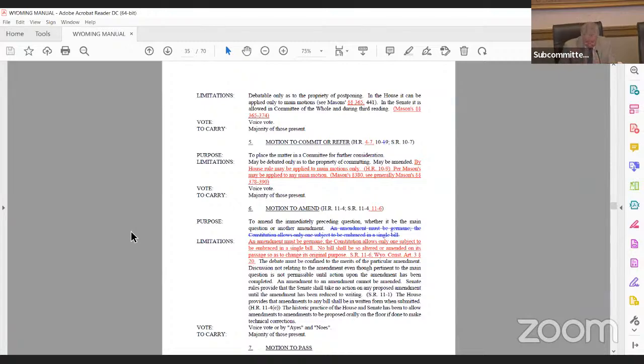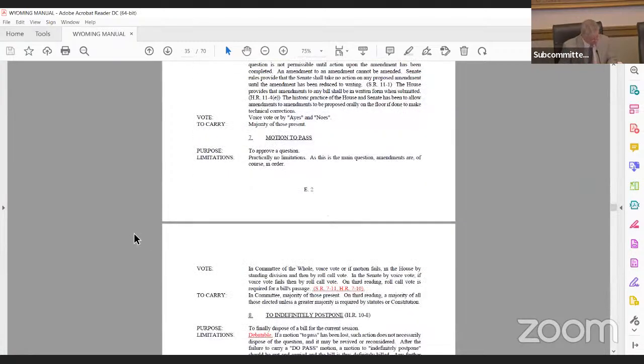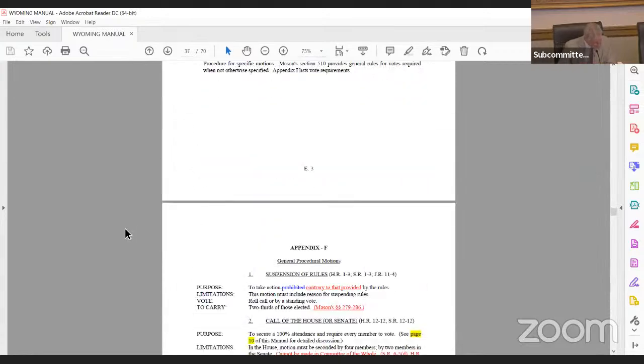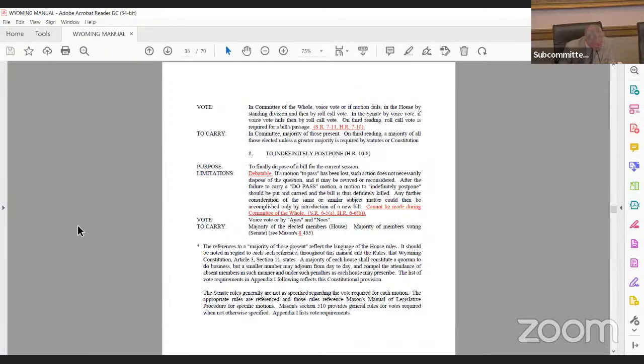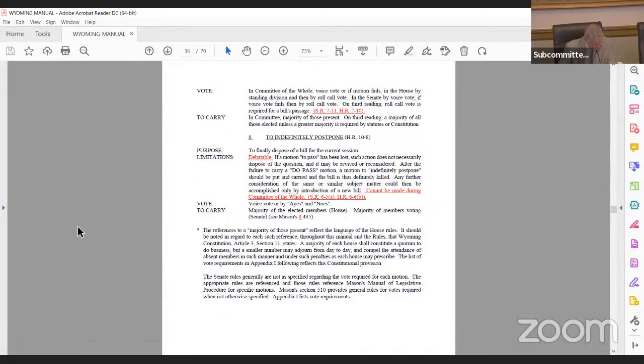That takes me to F2, Mr. Chairman. Oh, I'm sorry. On E3, on the amendments, just a couple of technical things on E1 and E3. Correct rule reference on the first one, and then a reference to the Wyoming Constitution on the second.